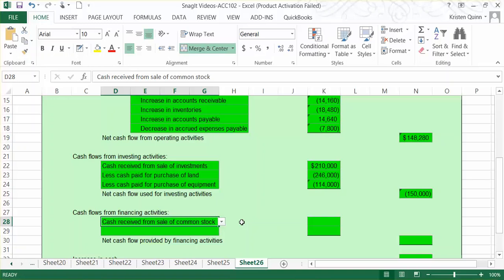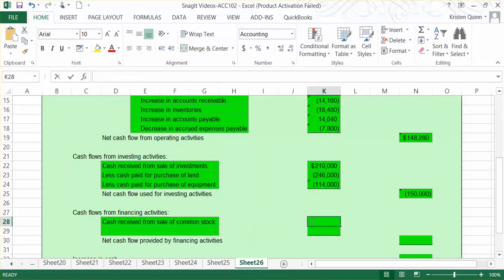Any amount we receive above the par value goes into an account called paid in capital in excess of par. So when you receive cash from the sale of common stock, be sure that you're comparing both your common stock accounts from last year and this year and your paid in capital account from last year and this year.